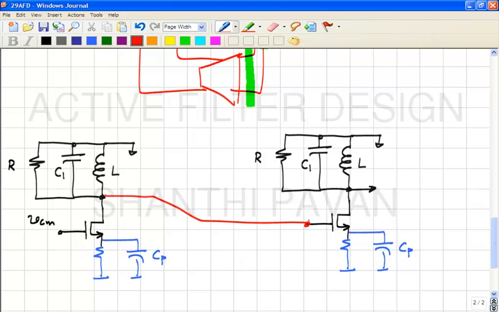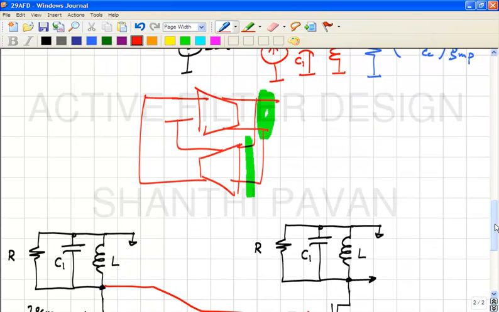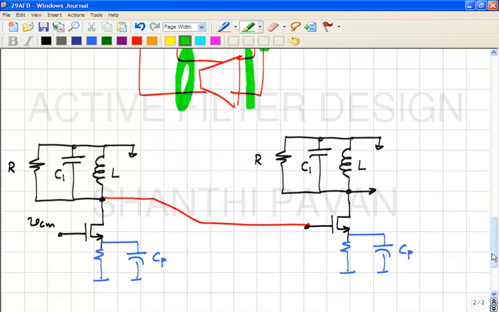All right. And now what happens to the other one? No, look carefully. What happens? The output common mode of this transconductor is nothing but the input common mode for the other, correct? You understand? So what should happen?